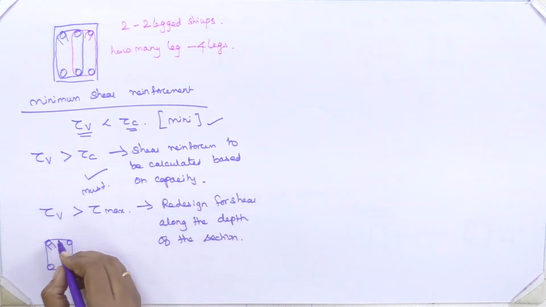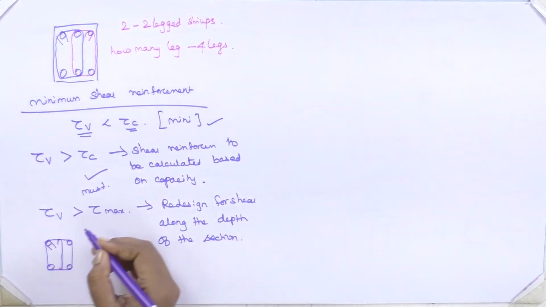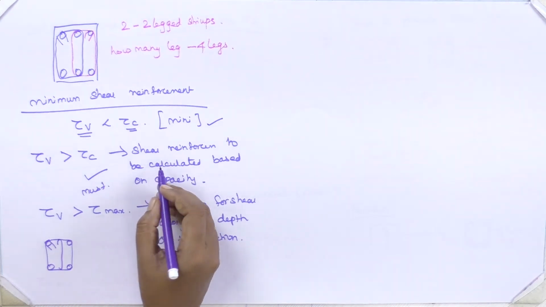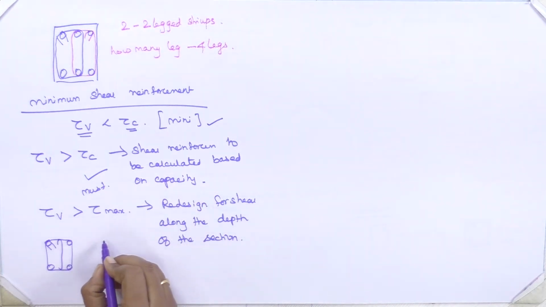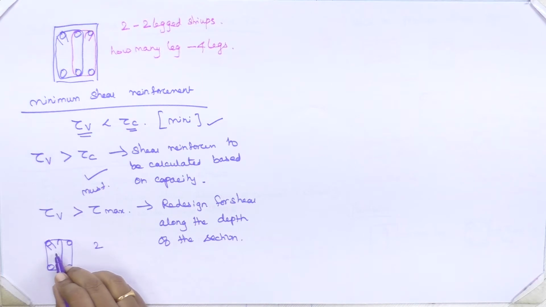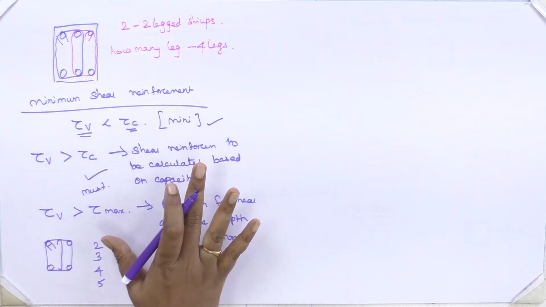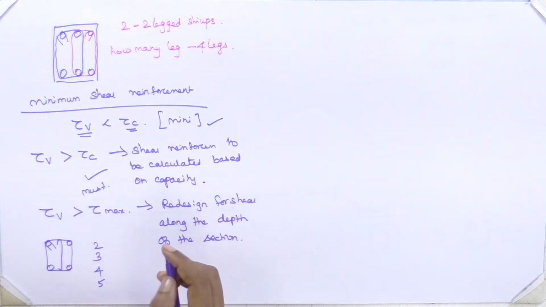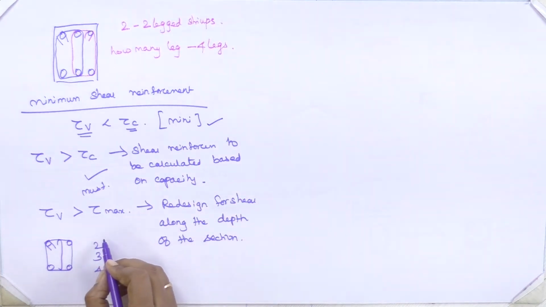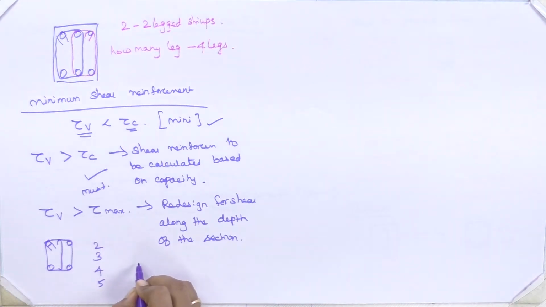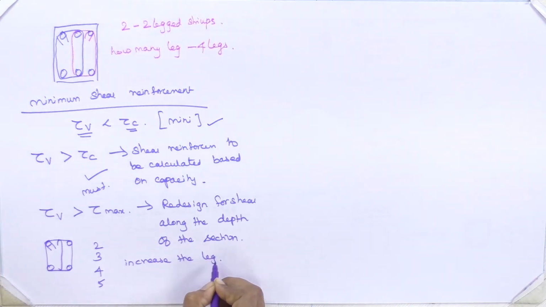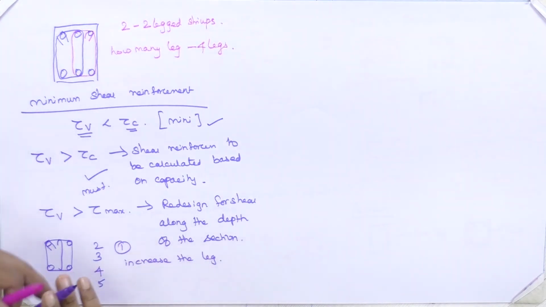That's why you can go for another leg also, so that you can accommodate your shear value. This is 2-leg, you can go for 3-legged or 4-legged or 5-leg. It is based on your section capacity that you have designed for your member, right? So the first criteria is to increase the legs.